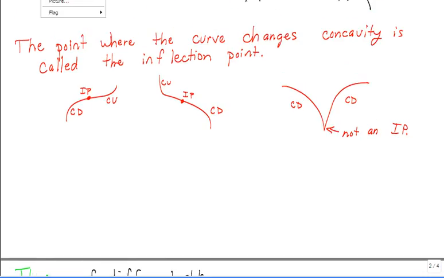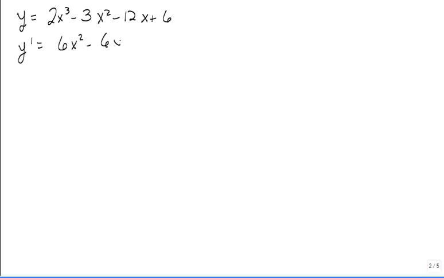Okay, let's try this example. Let's take the first derivative. Set it equal to 0. Factor.